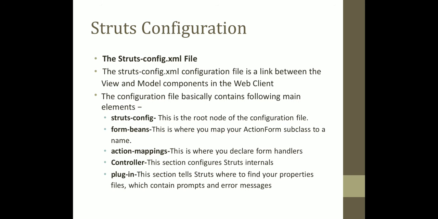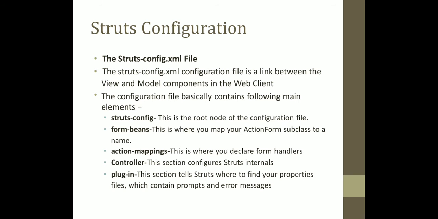Then form-beans, this is where you map your ActionForm subclass to a name. Third is action-mappings, this is where you declare form handlers. Fourth is controller, this section configures Struts internals. And fifth is plug-in. This section tells Struts where to find the properties files which contain prompts and error messages. Okay, so this is about the struts-config.xml file.